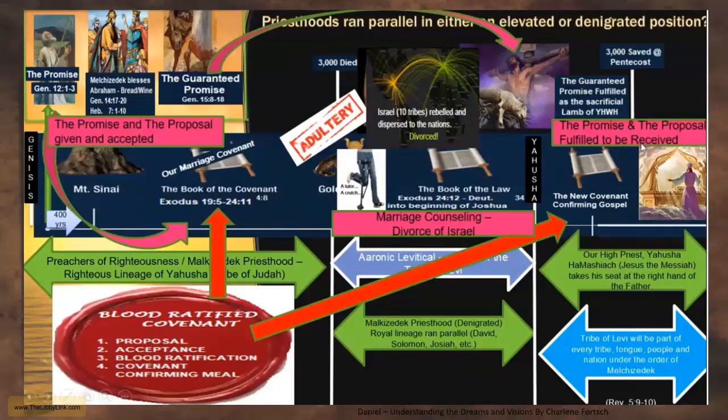And that marriage covenant was blood ratified, meaning you cannot add to it and you cannot take away from it, but you can break a blood ratified covenant, and that's what the people did. And we know the 4 elements of a blood ratified covenant: proposal, acceptance, blood ratification, and the covenant confirming meal.